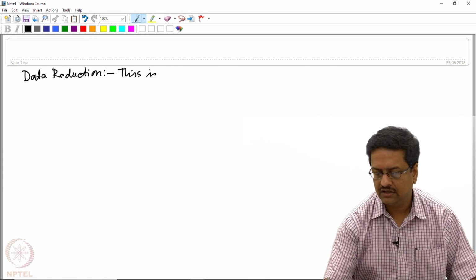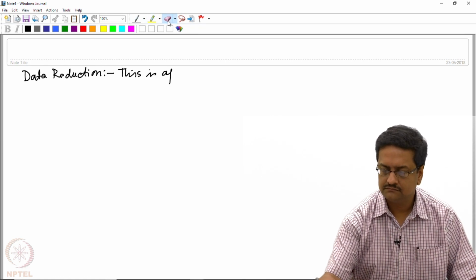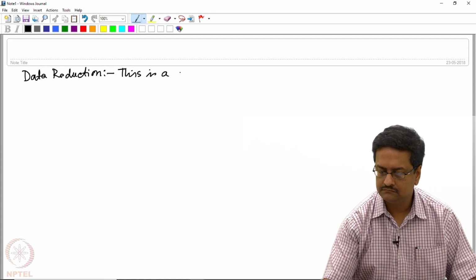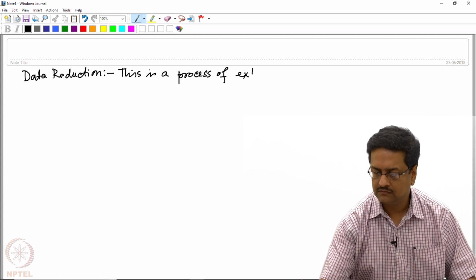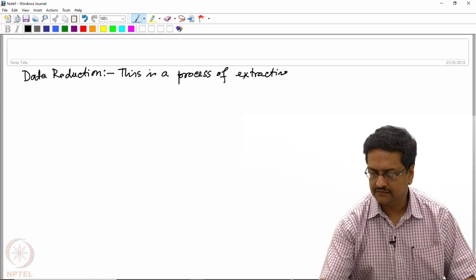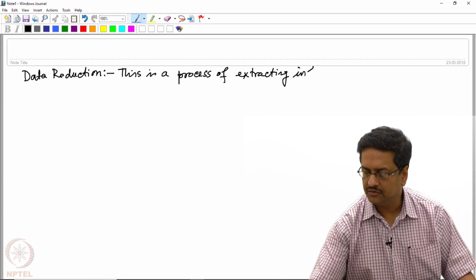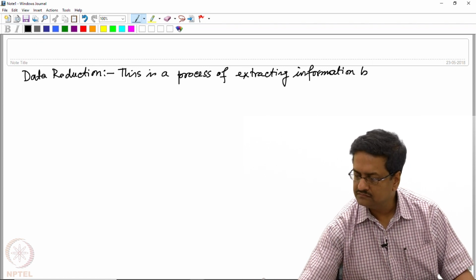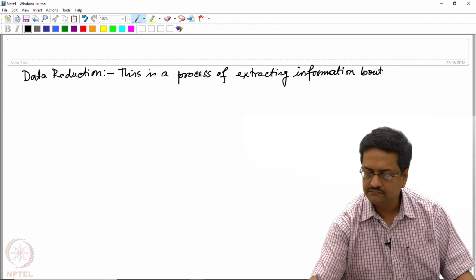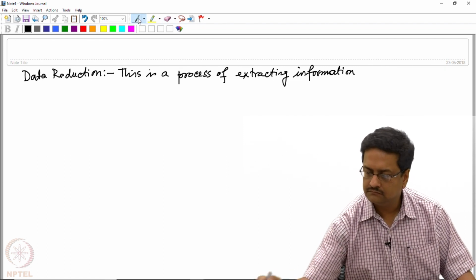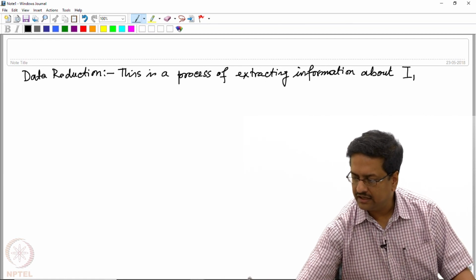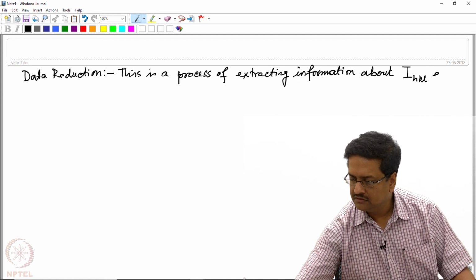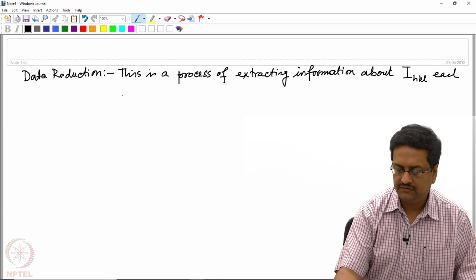This is a process of extracting information about the intensity I(hkl) for each reflection.